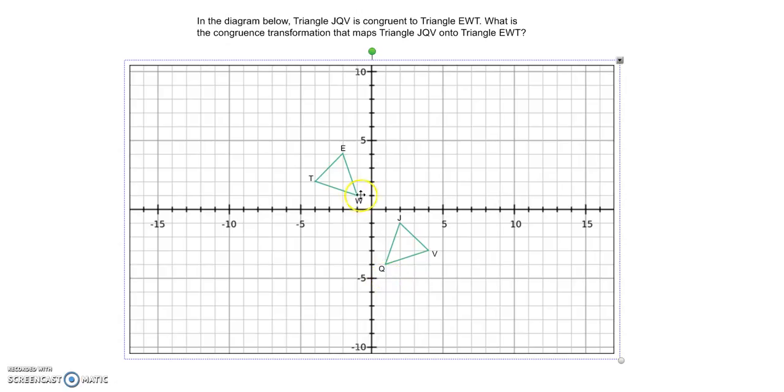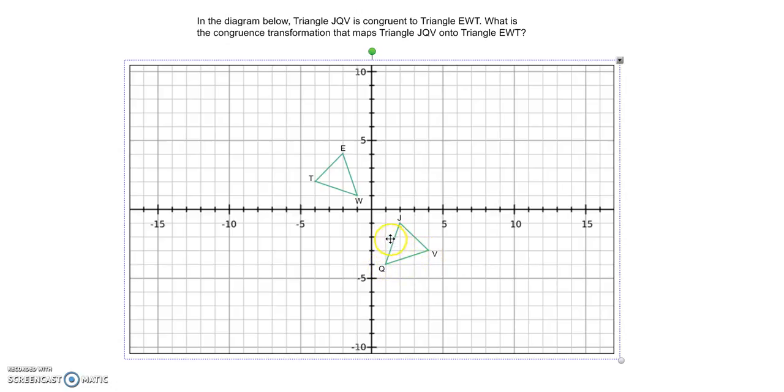So another way that we can look at this is not just how do we place this triangle on top of here, but we can almost just say, if we can find a transformation that puts point Q on top of point W, then you would like to think logically that that would also work for the other 2 points. So let's look at that now.